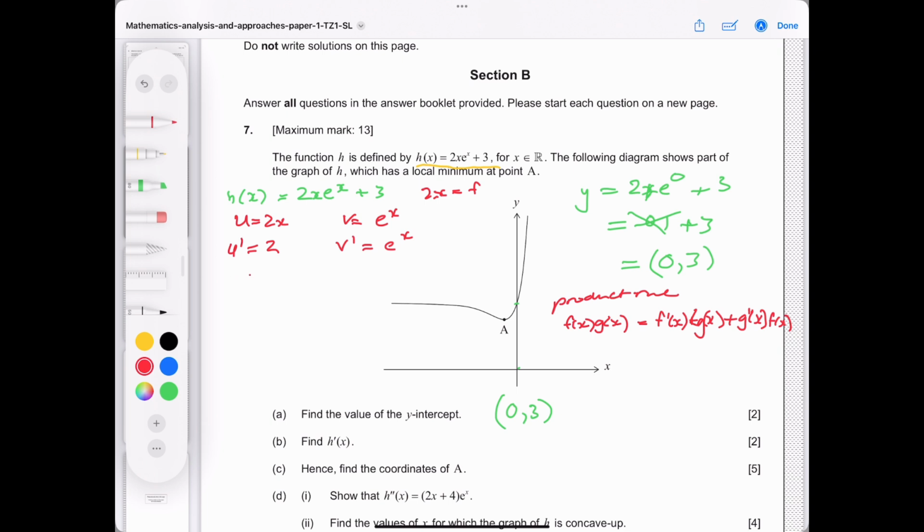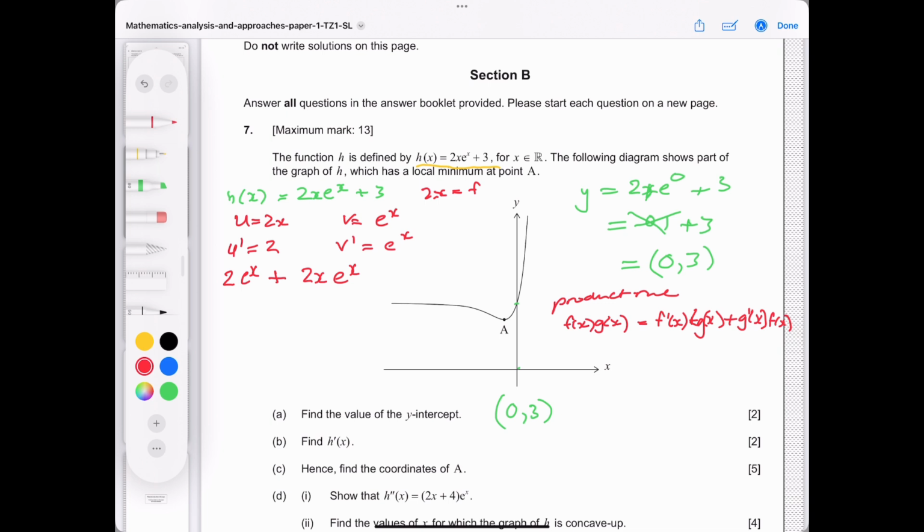So that would be 2, let's make that the f of x then, so that would be 2 times g of x, which is e to the x, plus 2x times e to the x, which is the same. And that is the answer to that one.